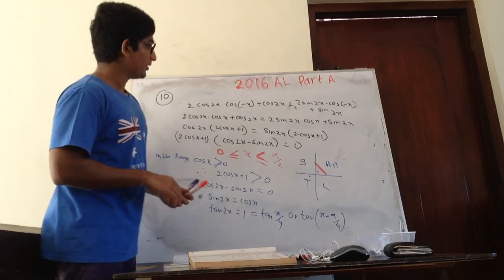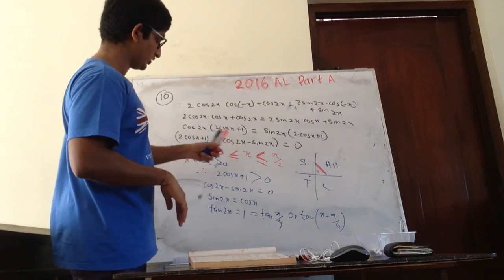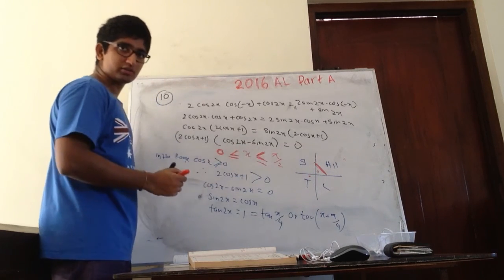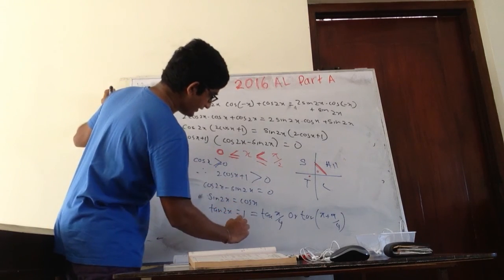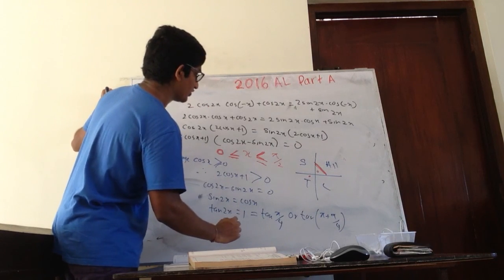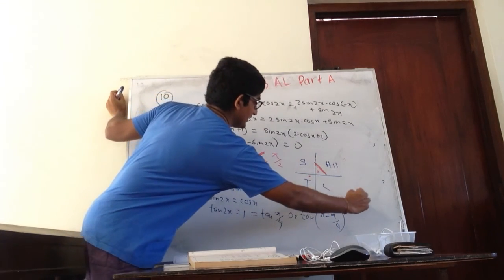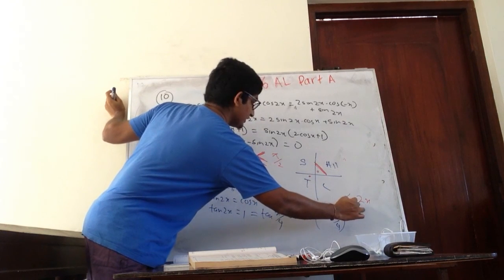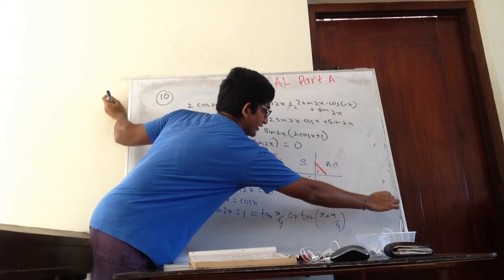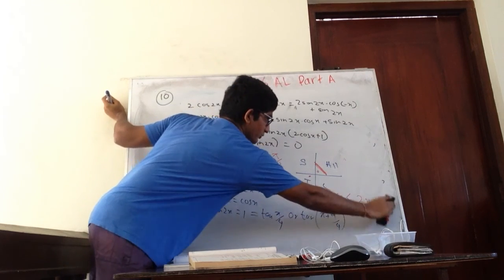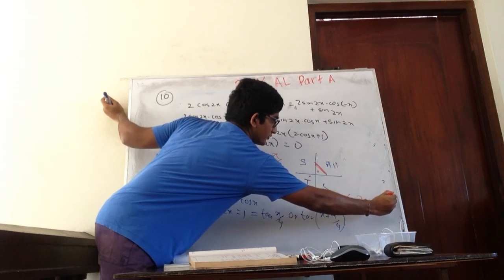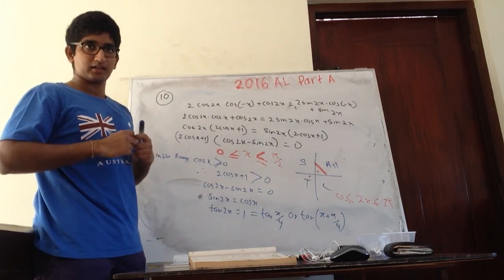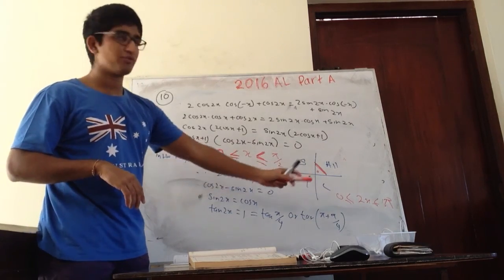But what's the issue now? You know that x is between 0 and 5π over 2, so 2x will be between 0 and 5π.